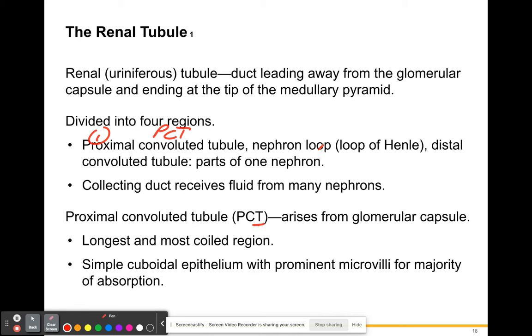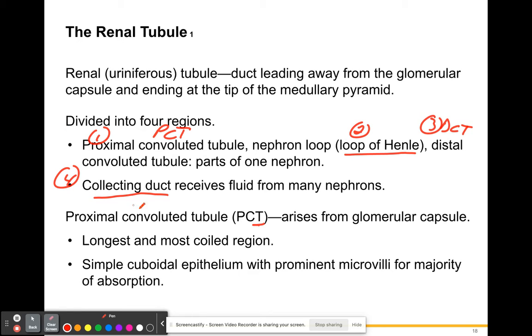You have something called the nephron loop, which is also called the loop of Henle. You have the distal convoluted tubule, or the DCT. And then you have what we call the collecting ducts. Those are the four parts. So we have our proximal convoluted tubule, our loop of Henle, our distal convoluted tubule, and our collecting duct. Those are our four major parts of the renal tubule.